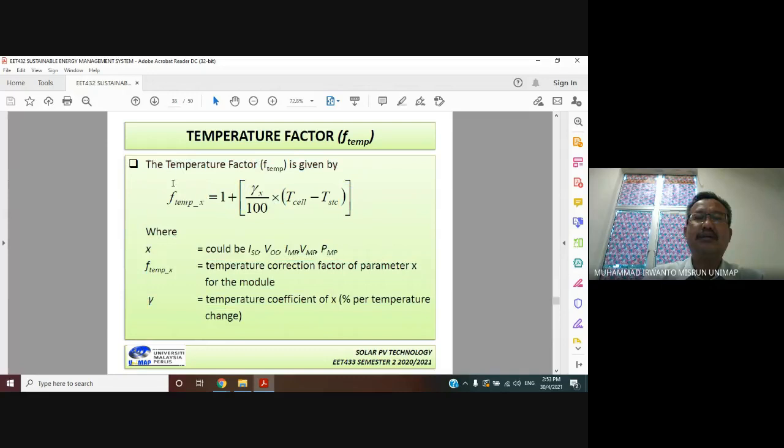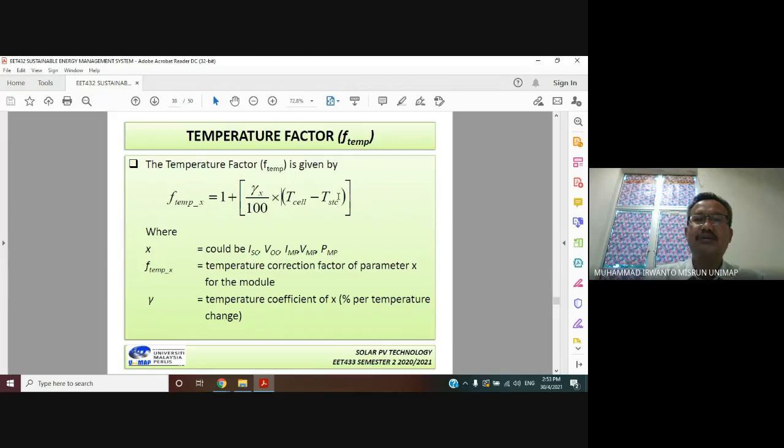The temperature factor is given by this one. For X, X means we can refer to the temperature coefficient of open circuit voltage, short circuit current, or maximum power. So it is equal to 1 plus gamma X over 100 multiplied by T cell minus T standard test condition.